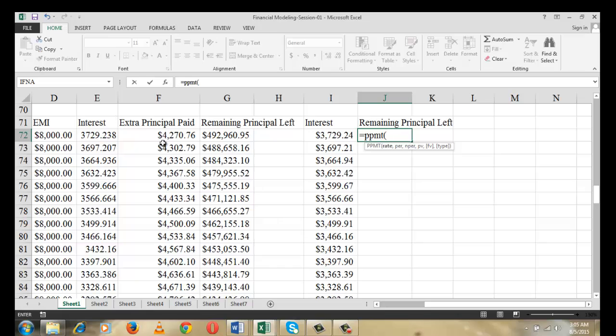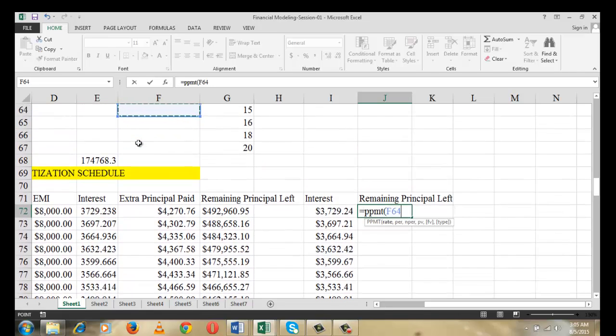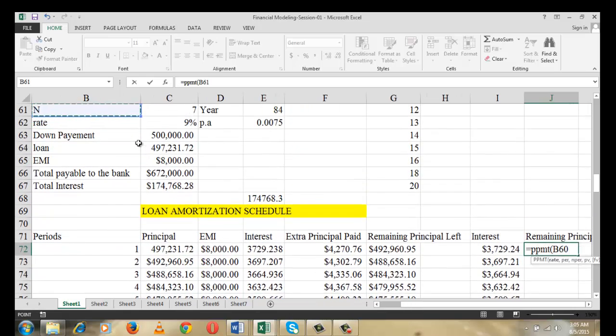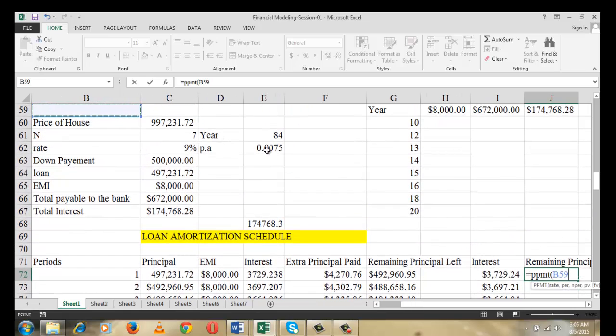Rate would be the cell F4. PER is 1, NPER is 84.